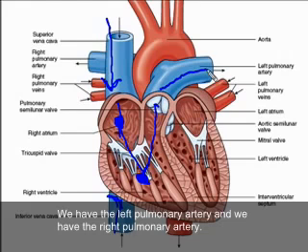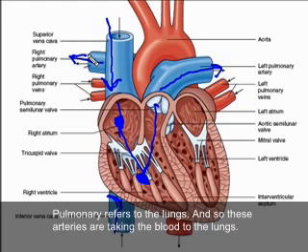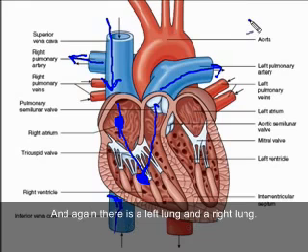We have the left pulmonary artery and the right pulmonary artery. Pulmonary refers to the lungs, and so these arteries are taking the blood to the lungs. And again, there's a left lung and also a right lung.